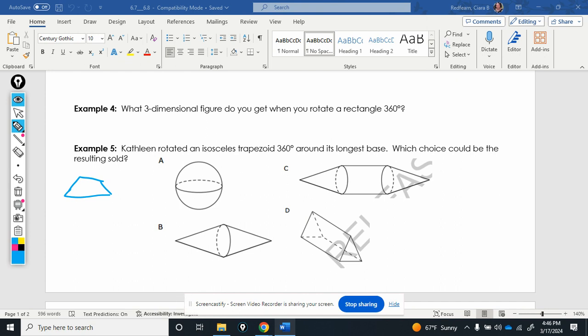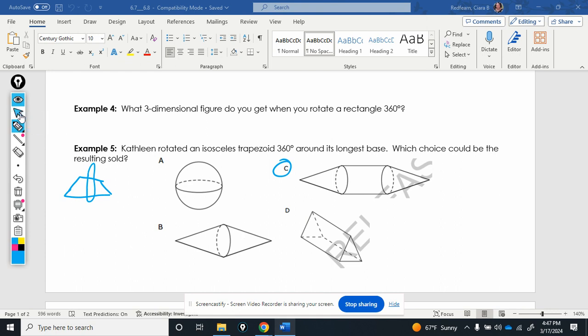So if she is rotating it 360 degrees about the base, meaning rotating it this way, which type of figure would it create? Think about it for a second. And if you chose C, you are correct, because these two ends will create cones, and then the middle, your rectangle, will create a cylinder.